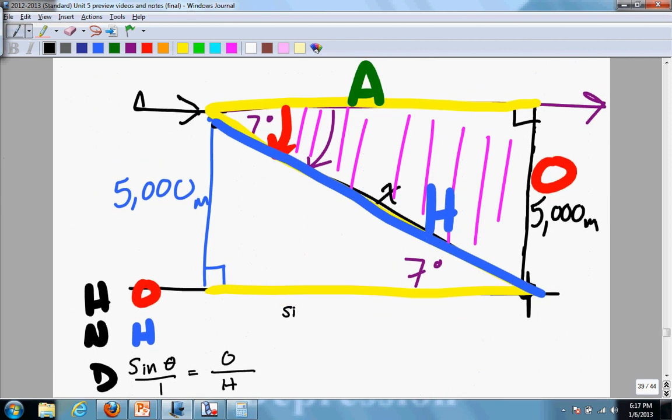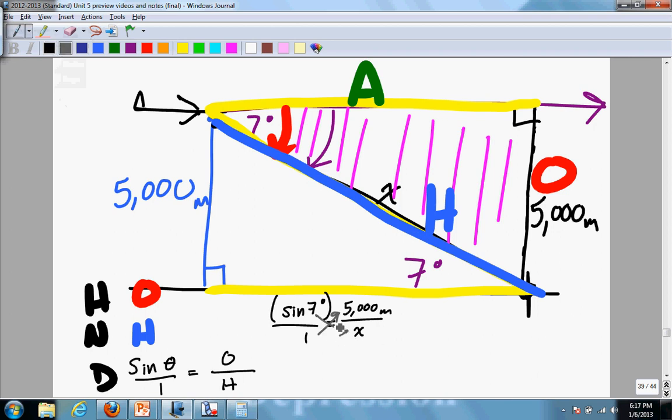So I have sine of 7 degrees, in parentheses, over 1 equals my opposite, which I do know. Our opposite is 5,000 meters in this case. And the hypotenuse is x.